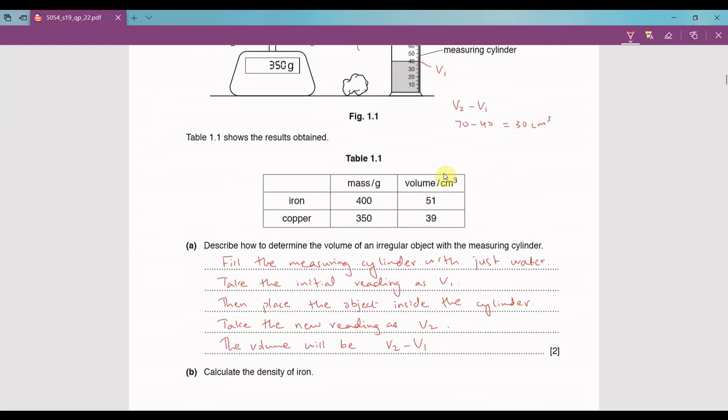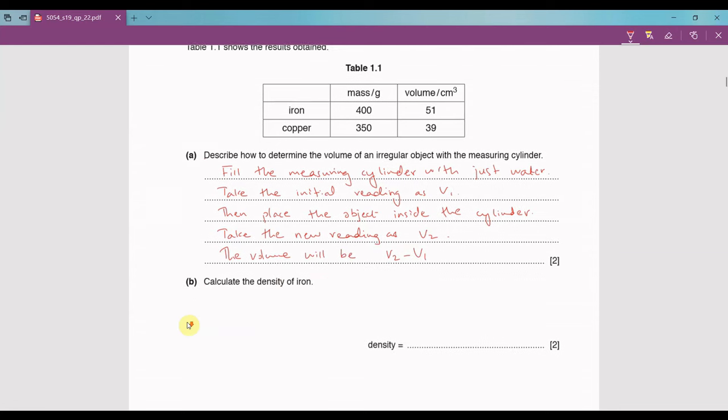So we haven't left any room for any ambiguity here. We have given a proper complete answer here.